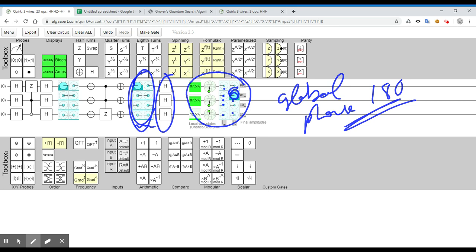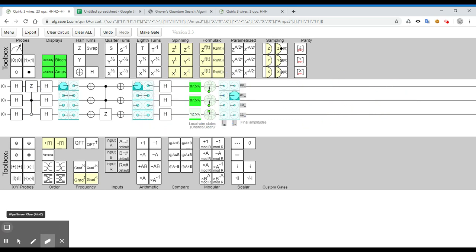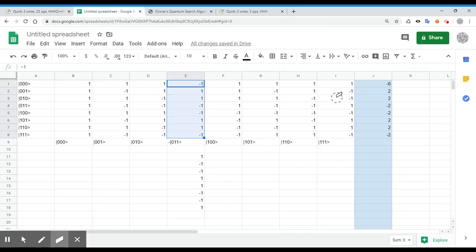That might be the link to quantum counting and why quantum counting works, because this one solution in here adds a global phase of 180 degrees. So this is a way to see it.